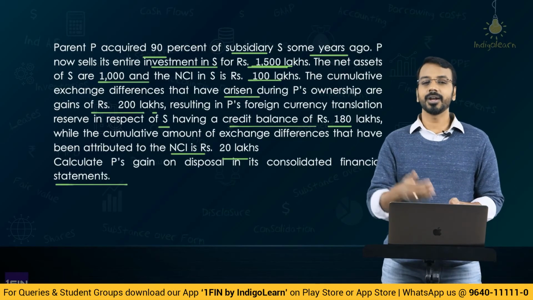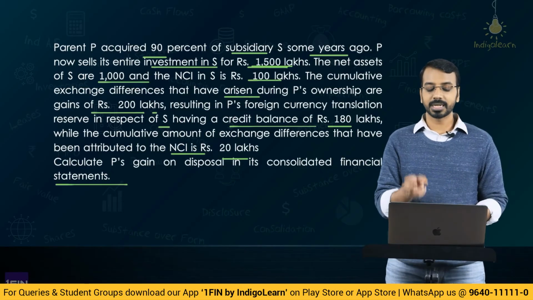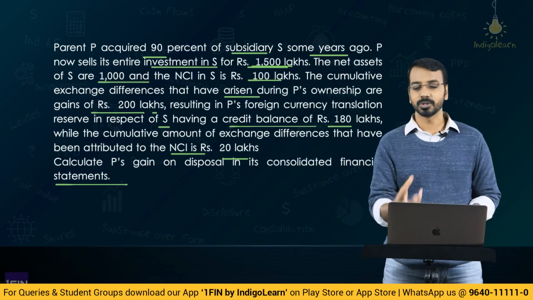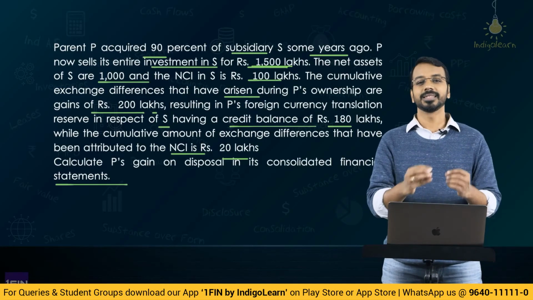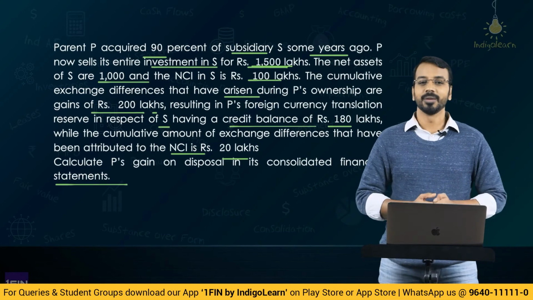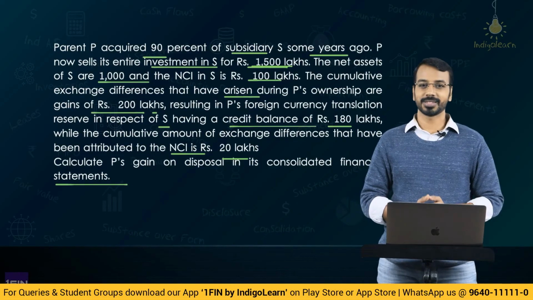So, 1500 minus 900 is 600, plus 180 which is lying in OCI. That also has to be transferred to P&L, and that is also a gain on disposal. So, 600 plus 180, 780 is the gain on disposal. That is a quicker way to do it, but let us put it down on pen and paper, in my case in Excel, and see how we calculate this gain or loss.